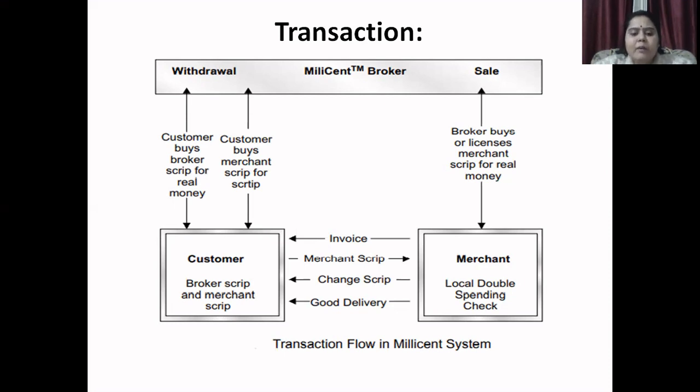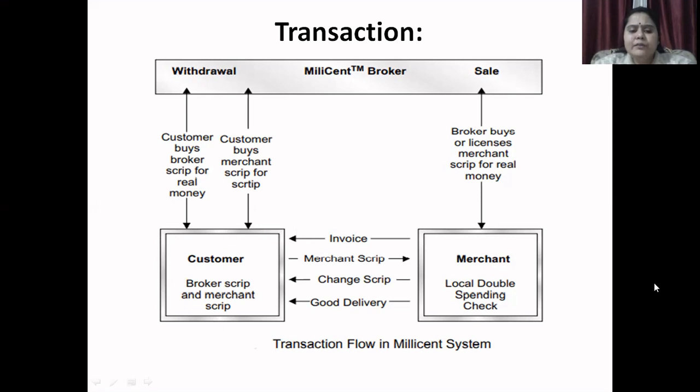The broker acquires the required vendor scrip from the vendor. The broker transfers the vendor scrip to the customer in exchange for broker scrip. The customer buys the service from the vendor with the vendor scrip. And last, the vendor returns any change in vendor scrip.